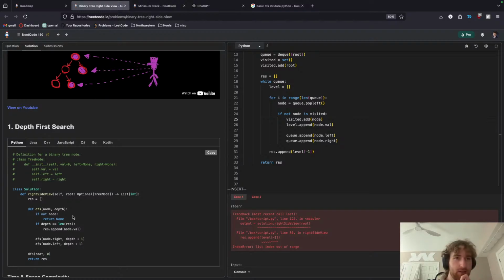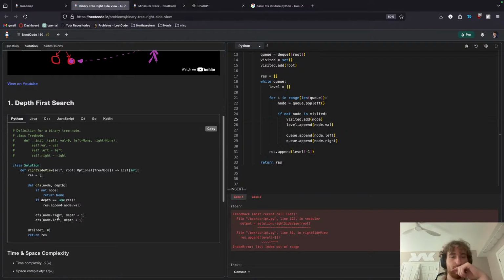If the depth is the length of the resulting... Oh, so we're at that current depth level. But wouldn't that add both of them? I guess because we're DFSing the right first.